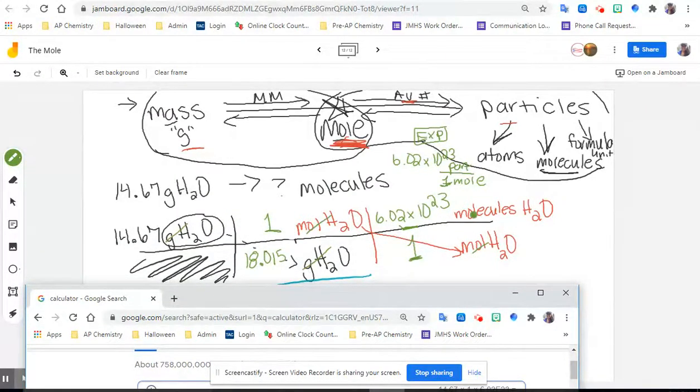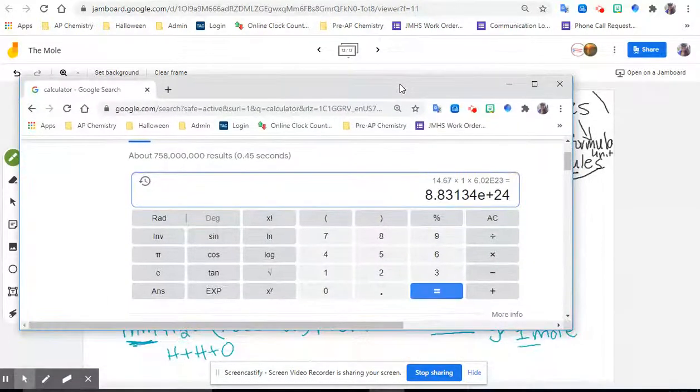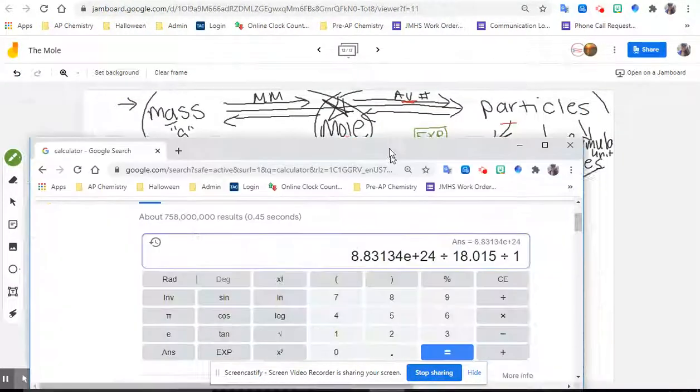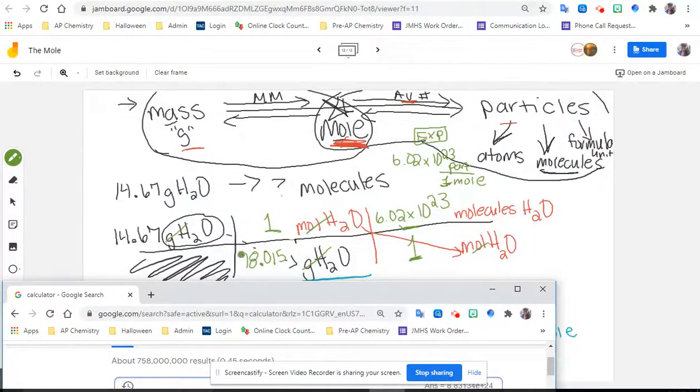Now I need to do the step where I would be dividing. A good habit to start getting into is dividing by each one of these things on the bottom. So I'm going to push divide by 18.015, and push divide again, 1. This is a good habit to get into: push divide every single time that you see this line.